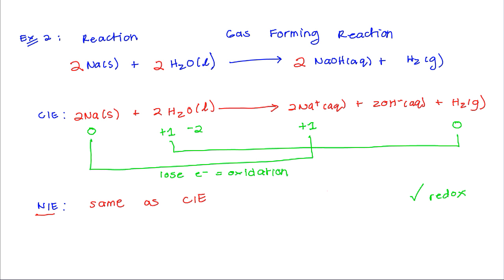It's going from +1 to 0. It's becoming more negative, so we're gaining electrons. And this is reduction. And one way to remember this is Leo the lion says grr. Losing electrons, oxidation. Gaining electrons, reduction. So this is a redox reaction.